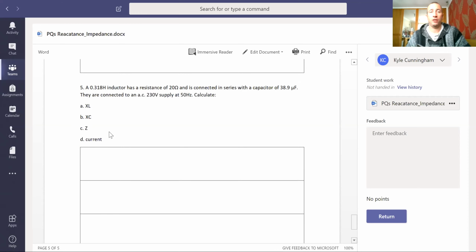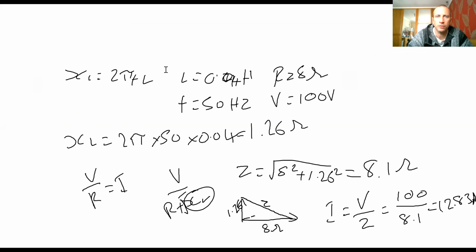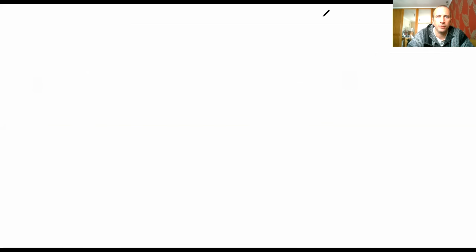This is as hard as it gets for impedance. So let's take those numbers. What have we got? Let's clear all drawings.